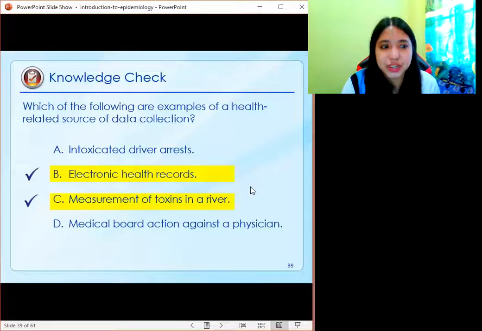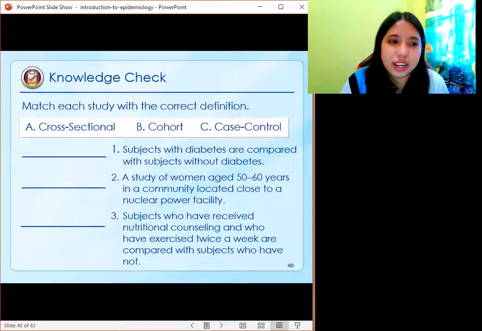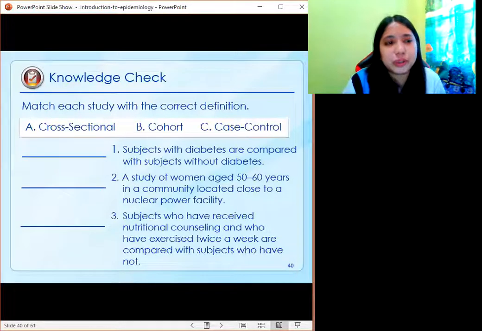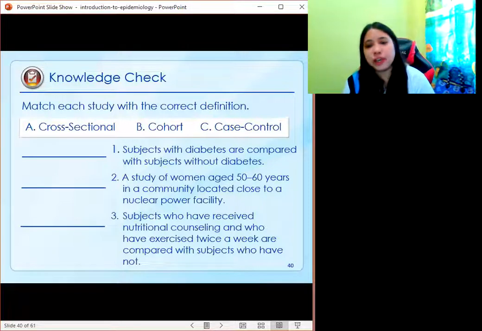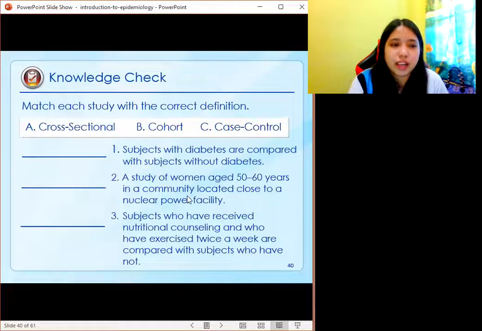Okay, so the answers, as mentioned, are letter B and letter C. So let us move to another knowledge check. What we are going to do here is to match each study with the correct definition. So number one, if we are comparing subjects with diabetes with those without diabetes, what do you think is the answer?